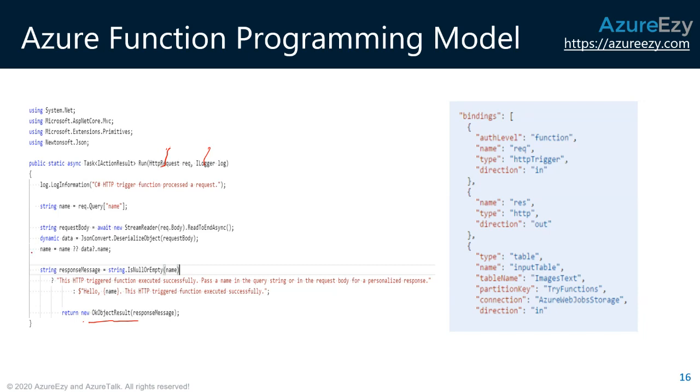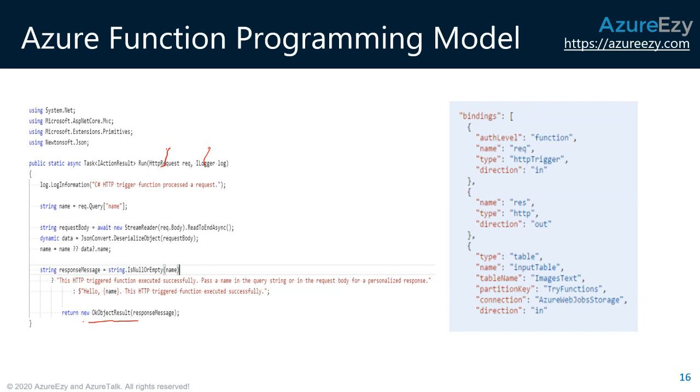But this is a simple Azure function which takes an HTTP request as a trigger, and it just logs the information, and gives you output of whatever input parameter you passed or in the body. It takes that and gives you output as an HTTP response.